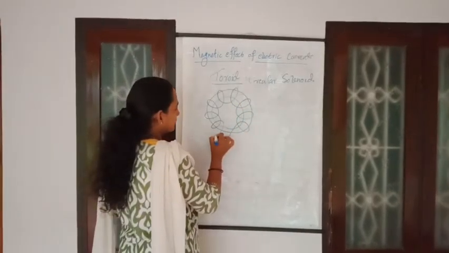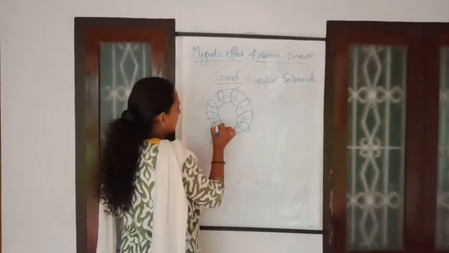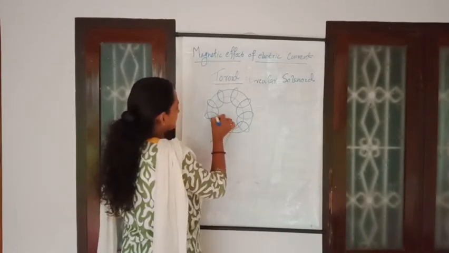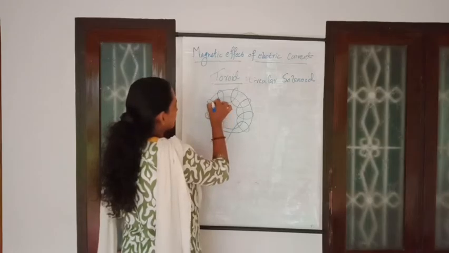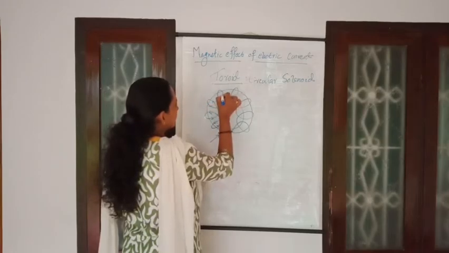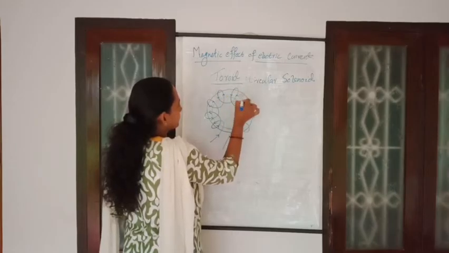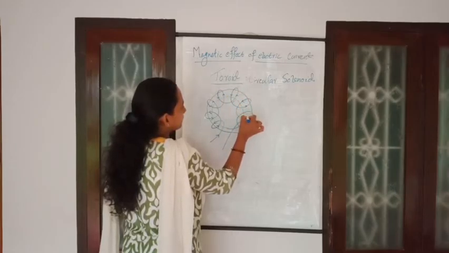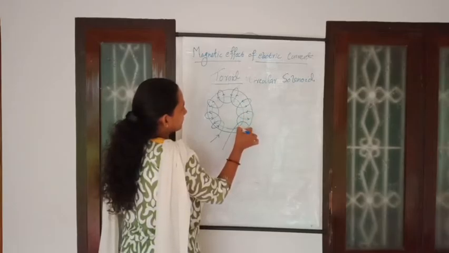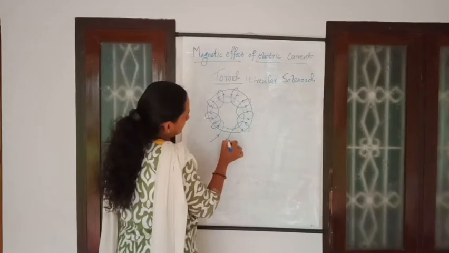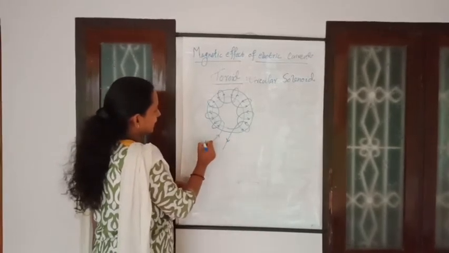And through one end the current is entering, therefore the current will go like this. Current flows out, current I.